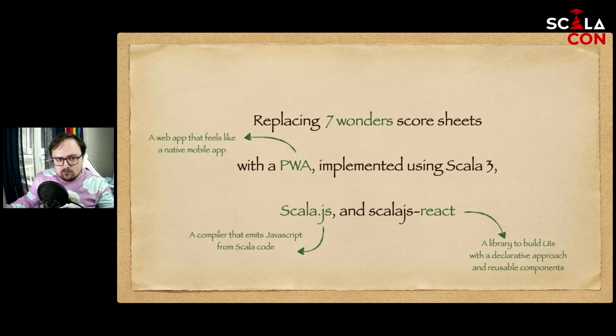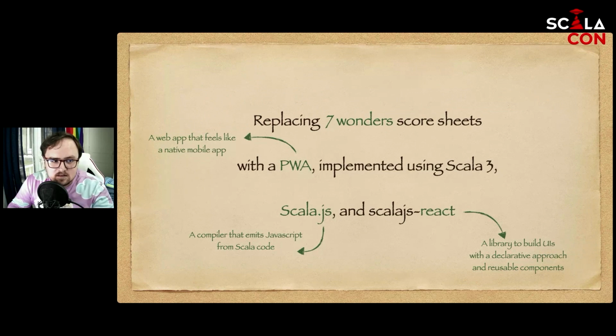A progressive web app is essentially a web app that feels like a mobile app, and Scala.js is a way of building web applications with Scala. It's a compiler that compiles Scala code to JavaScript, and Scala.js React is a library that lets you use React from Scala.js.